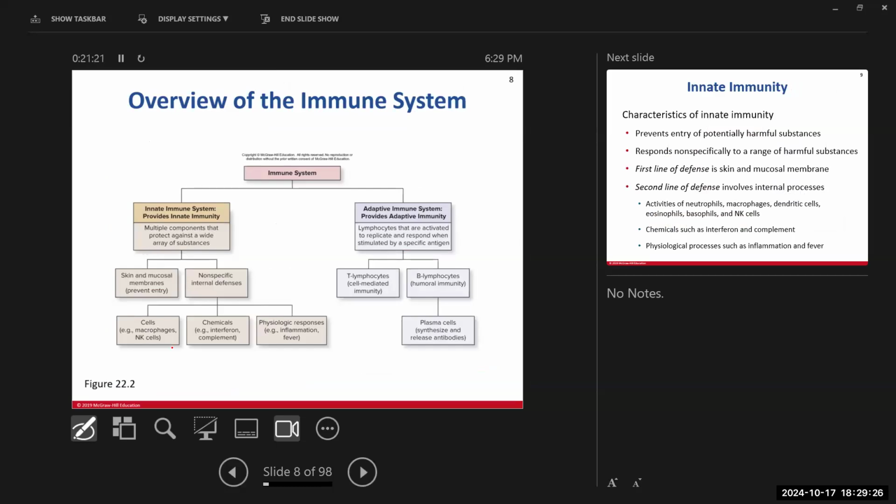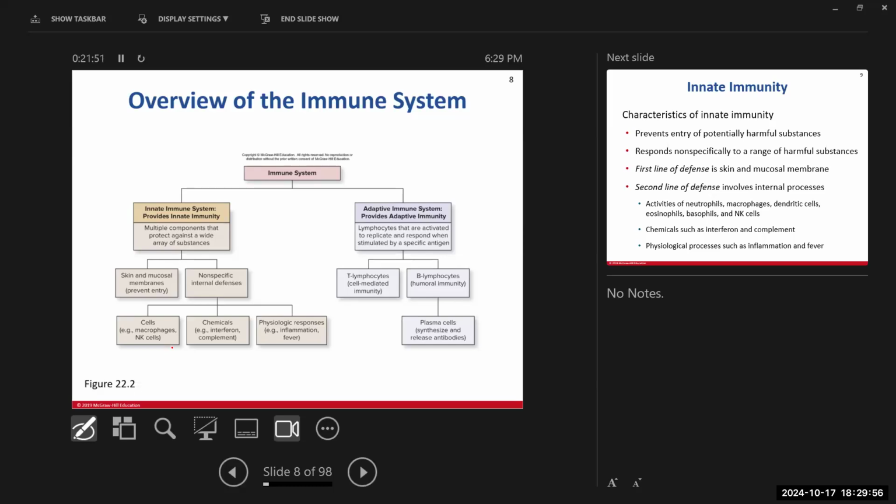Hopefully we'll get through at least most of the innate immune system this first class, then finish it up in the second class and start working on the adaptive immune system. As we go through the components of the innate immune system, we've got our membranes, the cutaneous and mucosal membranes. Those are our barriers. And then we'll get into our non-specific internal defenses.